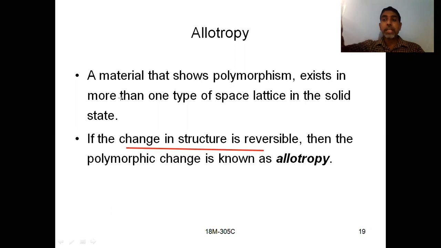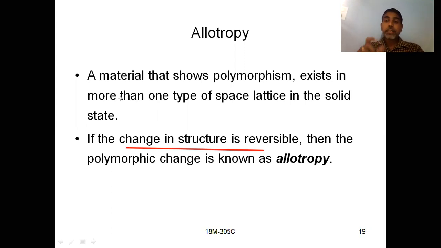When a liquid metal cools to form a solid, you have different crystal structures at different points. If it exhibits such nature, that physical phenomenon is known as polymorphism. From A to B it is cooled and you get different crystal structures.